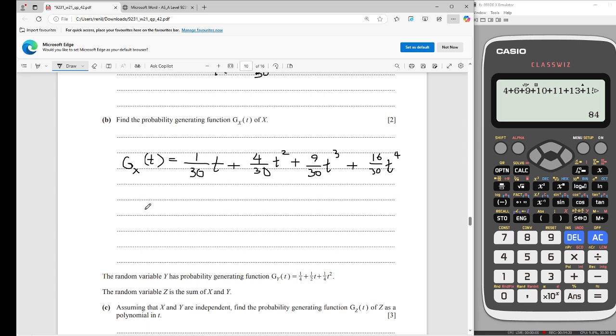In a way that we would easily be able to do it, I would suggest factorizing this. But make sure this isn't our answer. Just keep this in brackets so that we can use it for later. It's going to be 1 over 30 t times (1 plus 4t plus 9t squared plus 16t cubed).